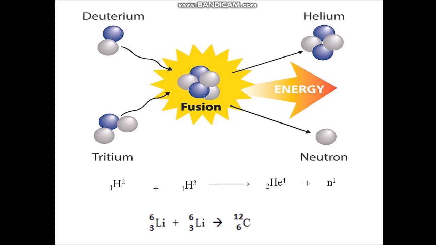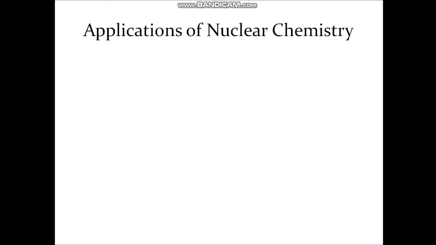Same case here with lithium. Two lithium atoms can fuse to form carbon, but you need a very large energy to do this, and this energy is so large that it's impossible to do that in our everyday life.